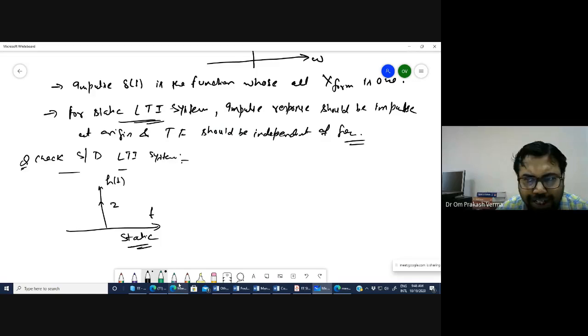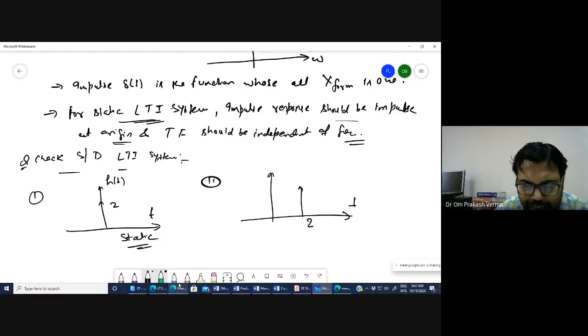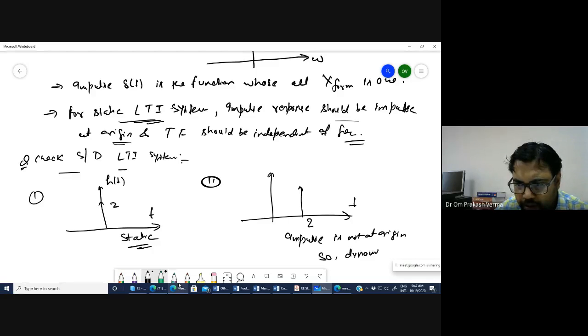So the impulse response is only at the origin. However, in this case, let's say this is the 2. So you can directly say that the impulse is not at the origin, and therefore it is dynamic.